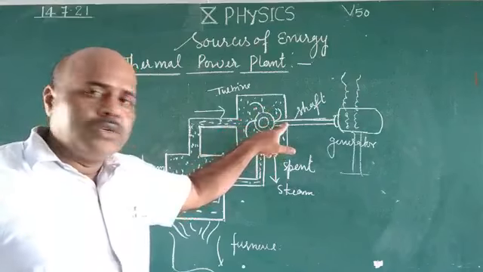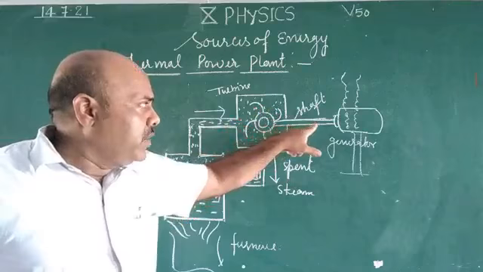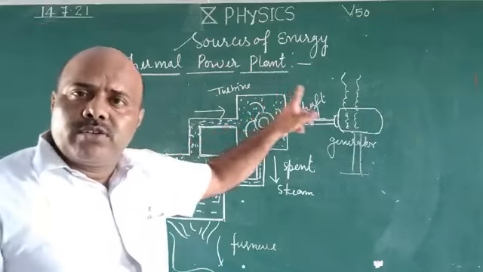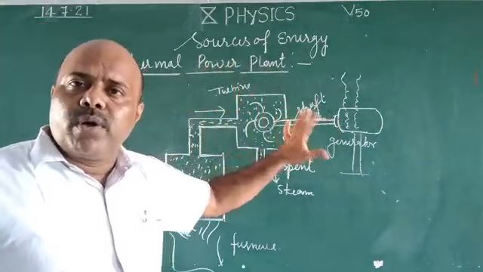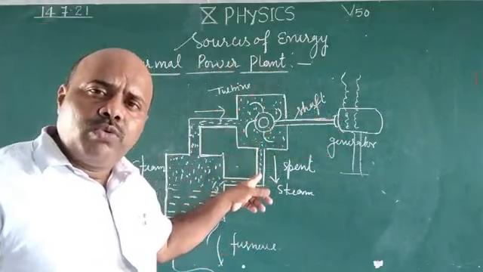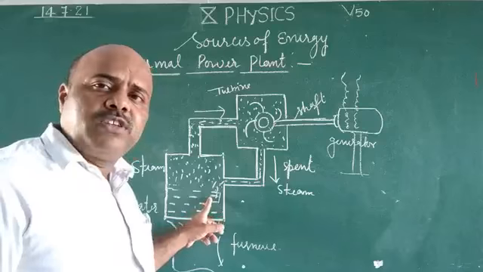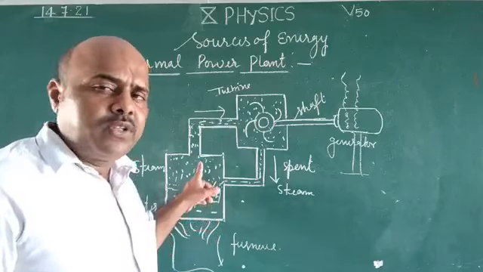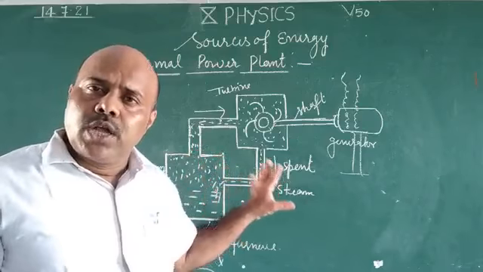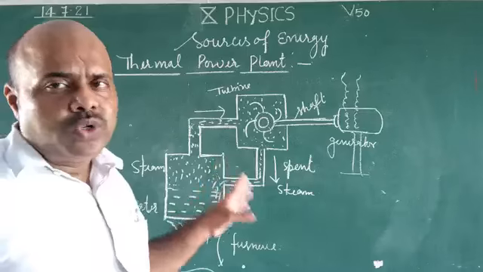The shaft is connected with a small generator, and the mechanical energy is converted into electrical energy with the help of the generator. The spent steam falls once again in this boiler tank, and it prepares steam again. This process repeats again and again.